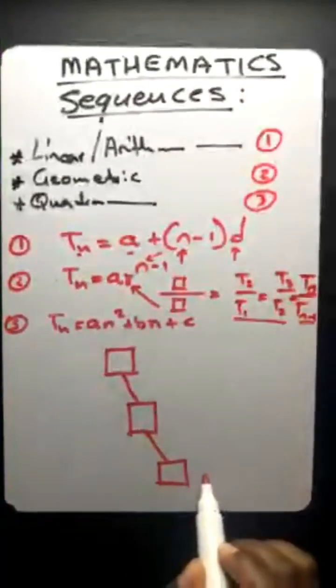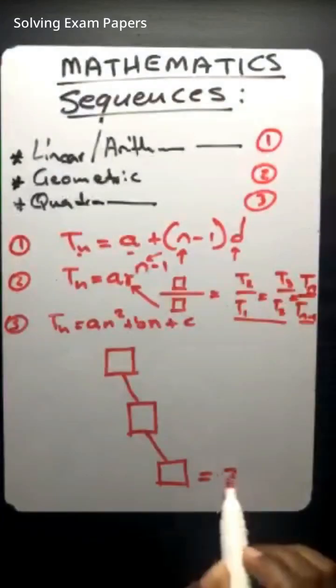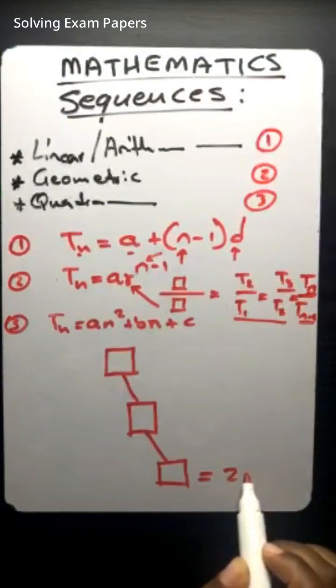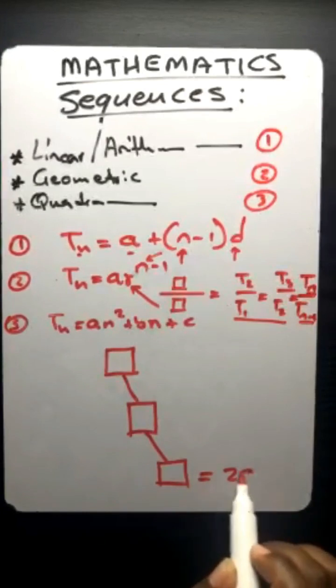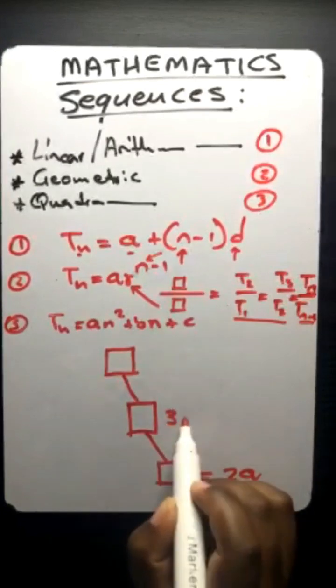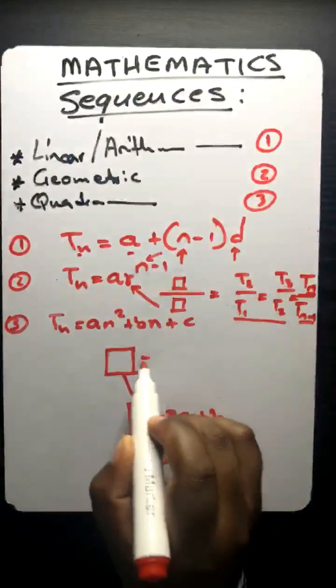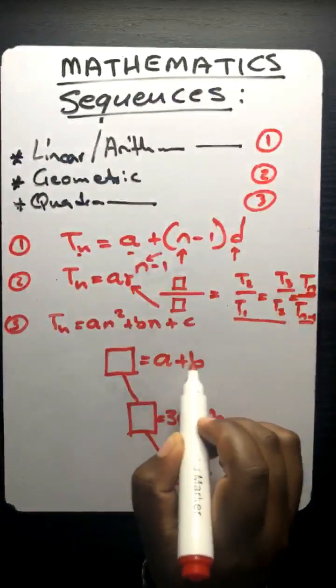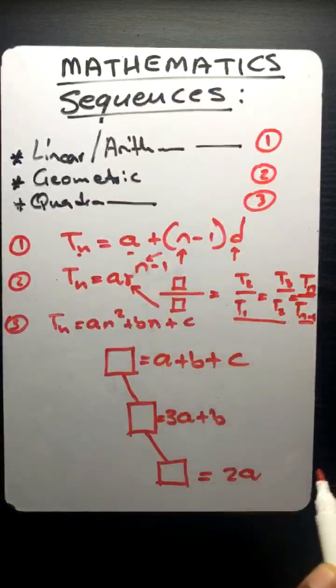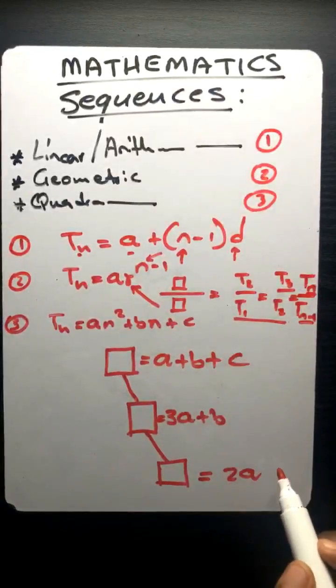And this has got a formula. Just correct me if I'm wrong. I think in this case, we're saying that it's equal to 2a. This one is equal to 3a plus b. And then that is equal to a plus b plus c. Did I do vice versa or did I get it correct? For those of you who still remember. So it looks correct.